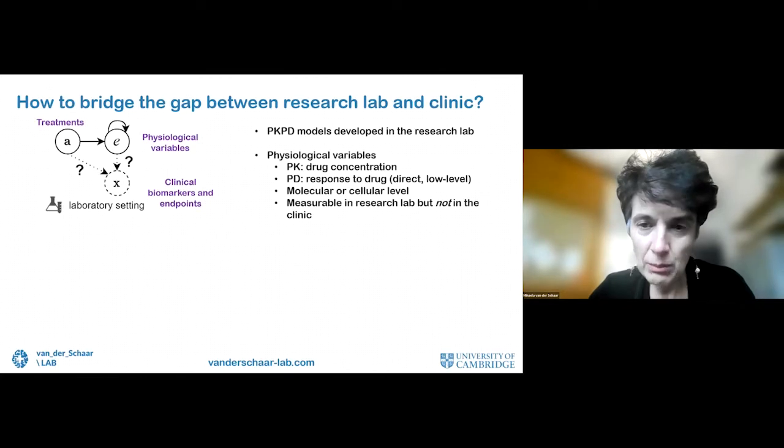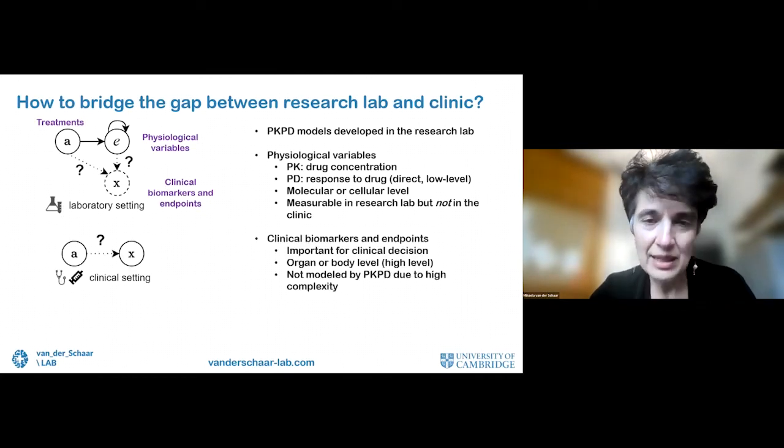And these pharmacological models are typically developed and calibrated in the laboratory, and they are not really based on expert variables which we can directly measure in the clinic. On the other hand, in clinical environments, the physiological variables are frequently not observed.